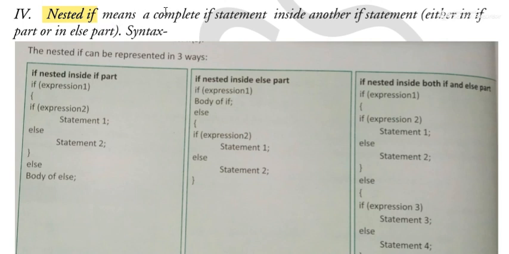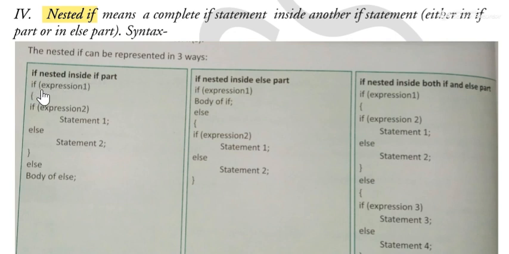It means one if statement inside another if statement, either in the if part or in the else part. For syntax, there are three different forms. First, if nested inside the if part.